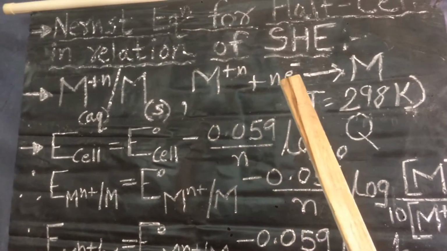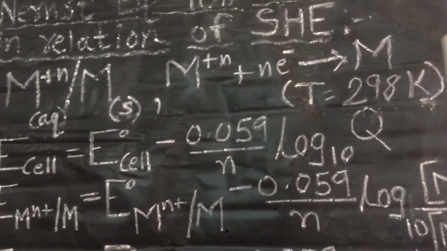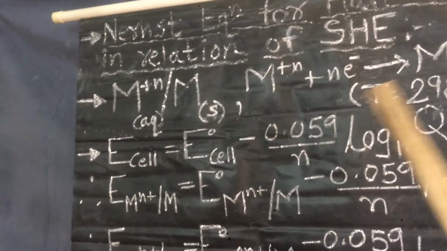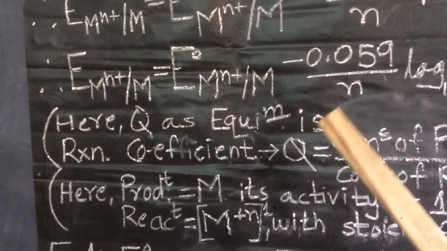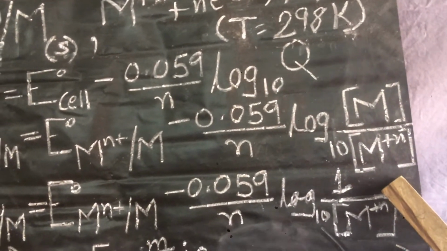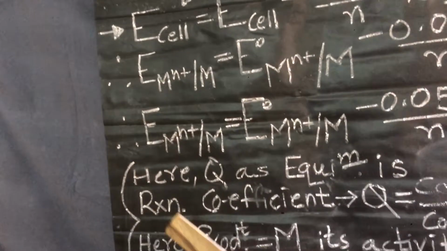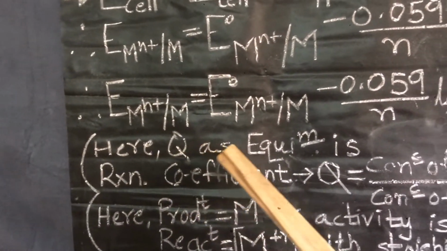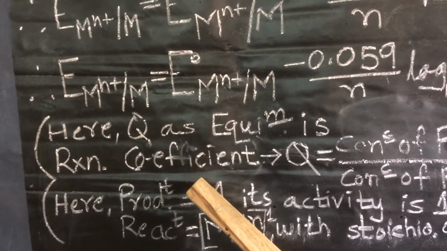And after gaining the electrons, we get the metal. Looking at this equation, as per equilibrium, what is this Q? I have written here M by M^n+. But what is this M by M^n+? Please pay attention. Here Q is the reaction quotient.